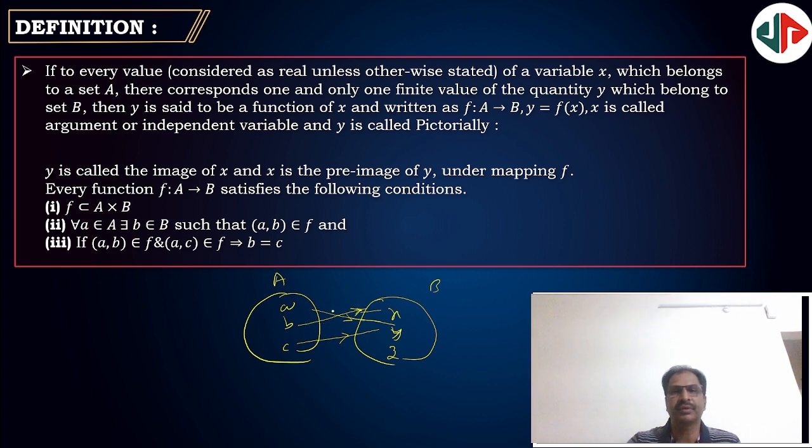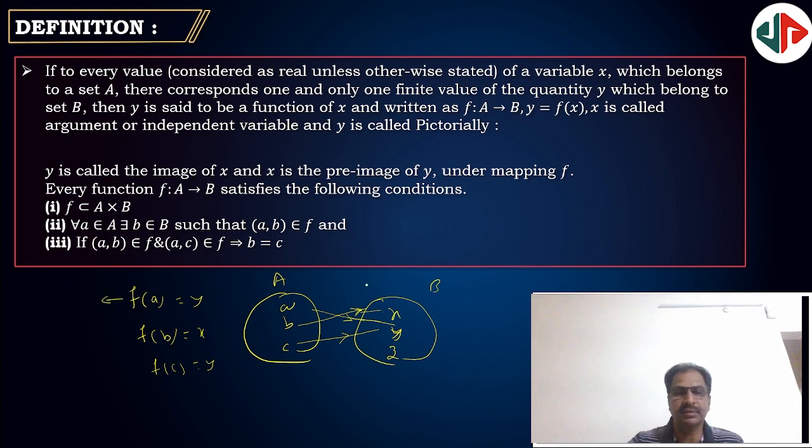This is an example of a function that can be stated like this. Here Y is known as the image of A, X is known as the image of B, which is represented like this. Image of A is Y, image of B is X, image of C is also Y. So here Y is known as the image of A and A is known as the inverse image of Y. The same thing can be written like this.